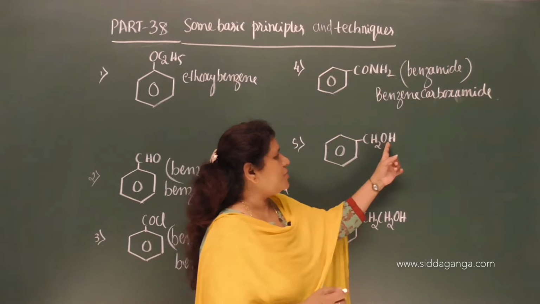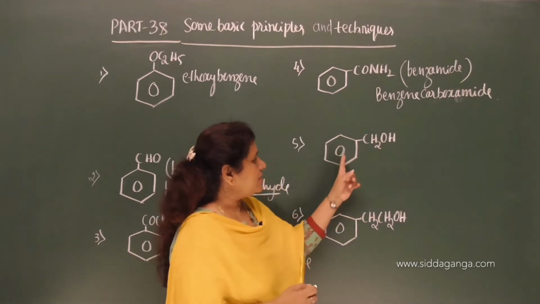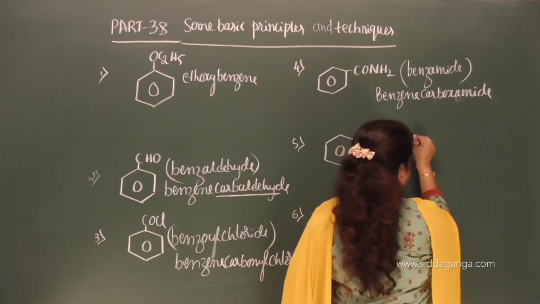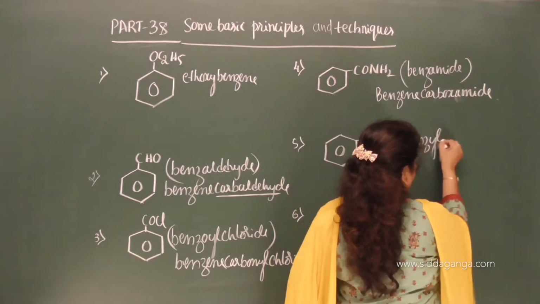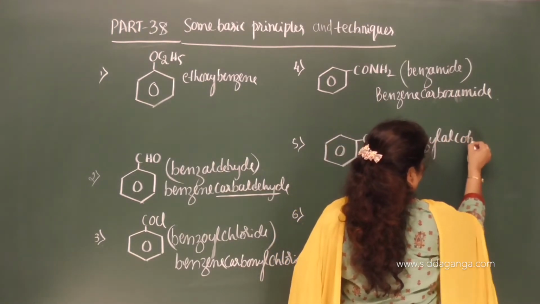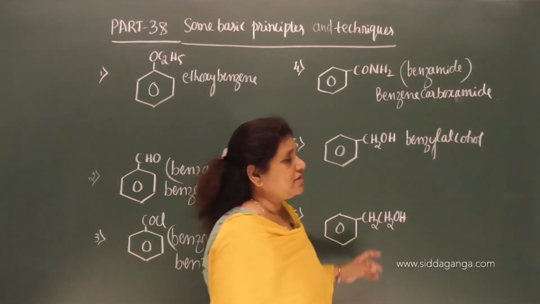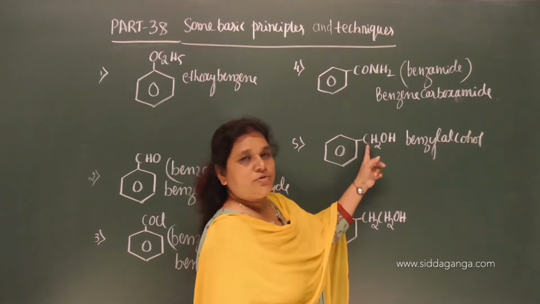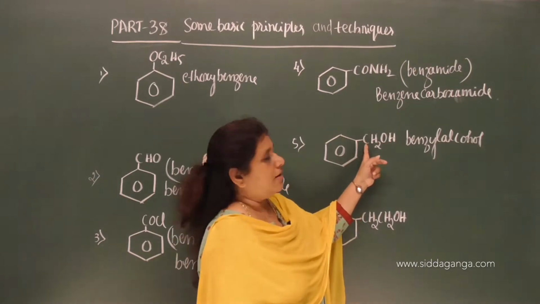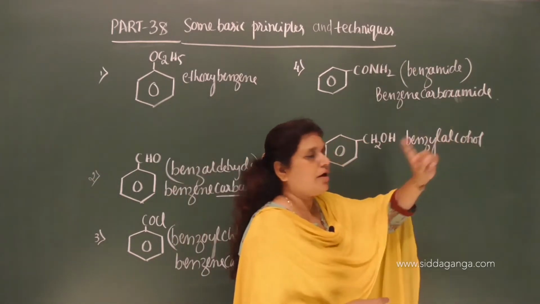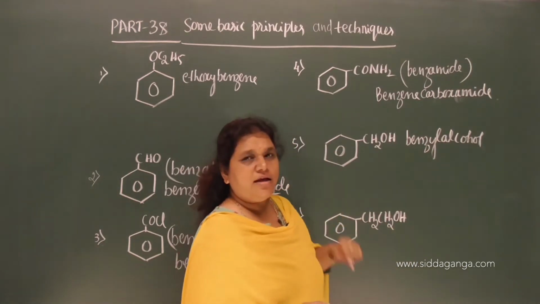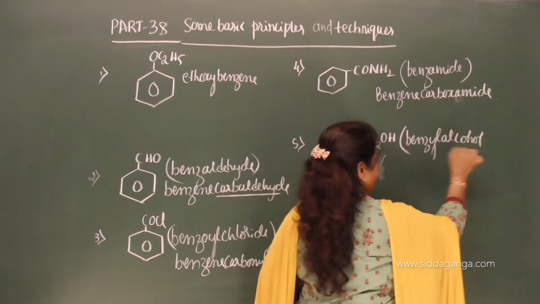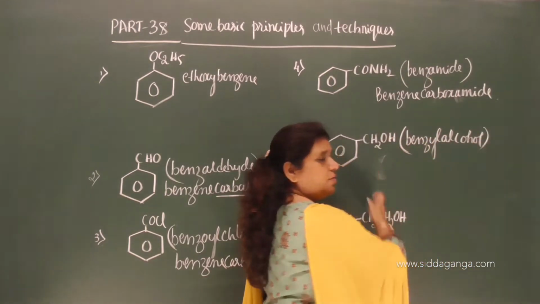Now, a CH2OH group is there, C6H5CH2OH, and you know the common name: this is the benzyl group, therefore it is benzyl alcohol. The C6H5CH2 group is the benzyl group, and the OH group is attached to an sp3 hybridized carbon, hence you can use the word alcohol here, benzyl alcohol. So this is a common name, and what is the IUPAC name?